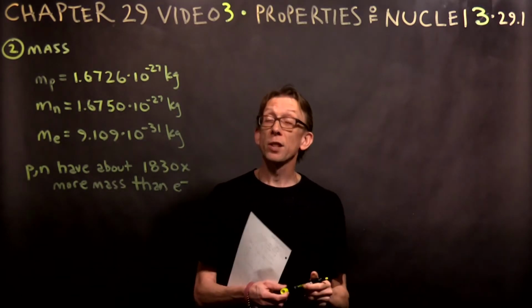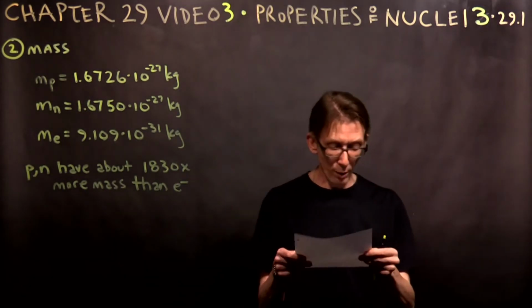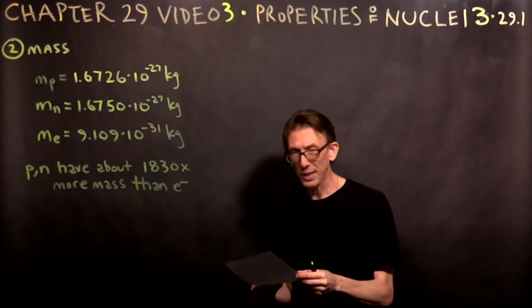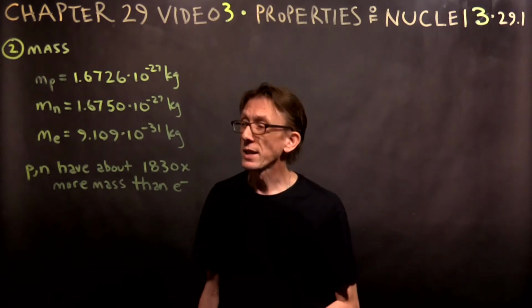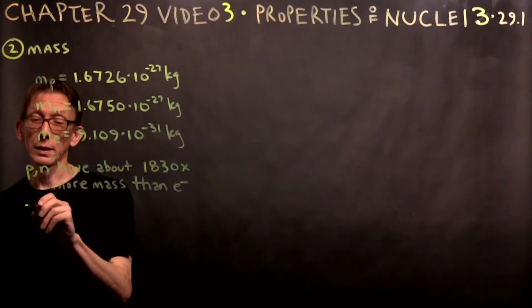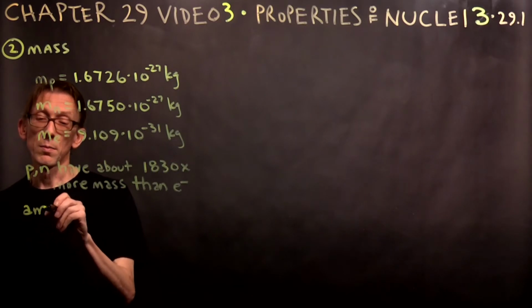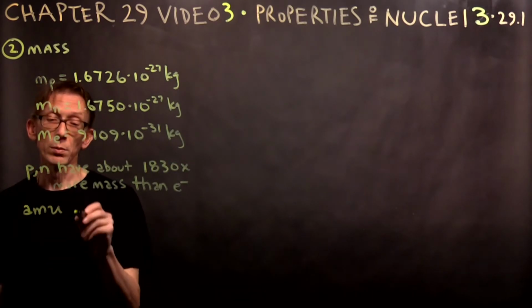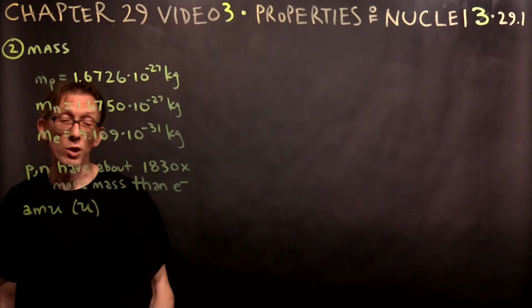Now there's something called an atomic mass unit. The book calls it something slightly different than that. Atomic mass unit, AMU, which we're going to symbolize with a little u.